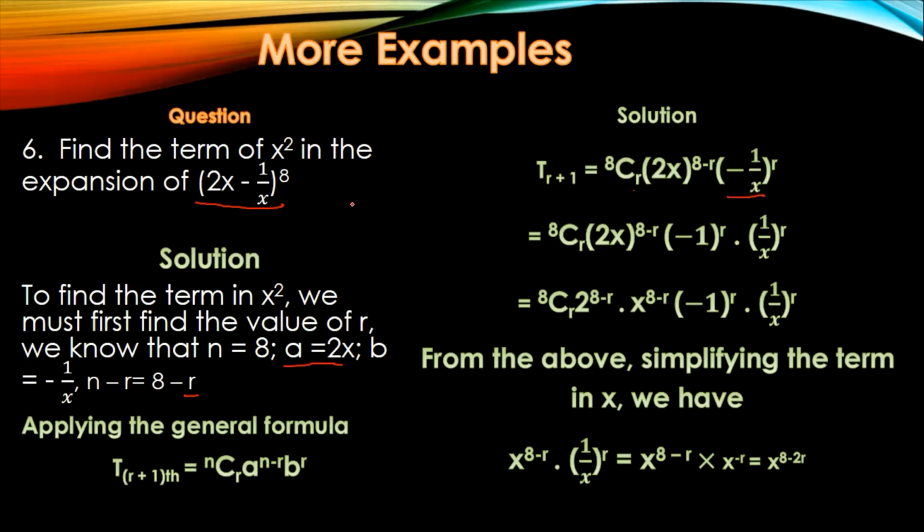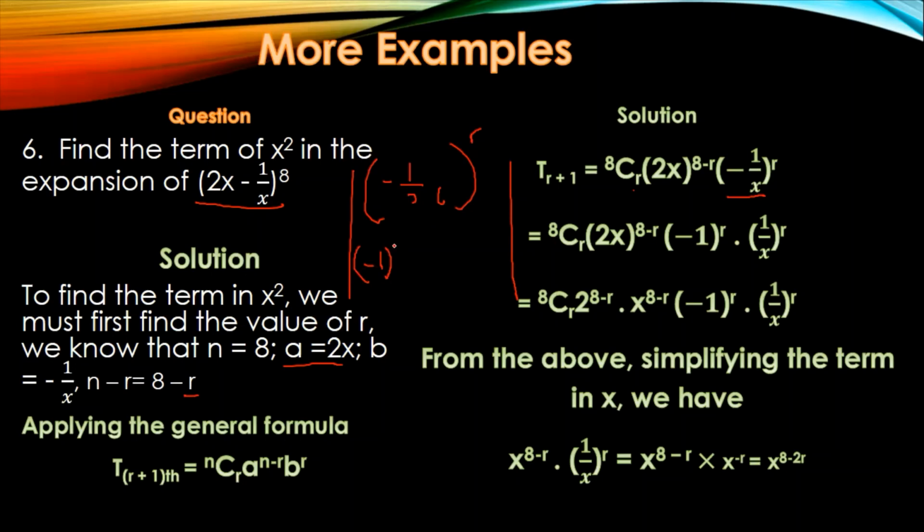Now what do we do? In this case, we have minus 1 over x. We can separate minus 1 over x in this way. So instead of having minus 1 over x, everything raised to the power of r, we can break it down into having minus 1 raised to the power of r. We are bringing minus 1 out, and anything we bring out must carry the exponent r.